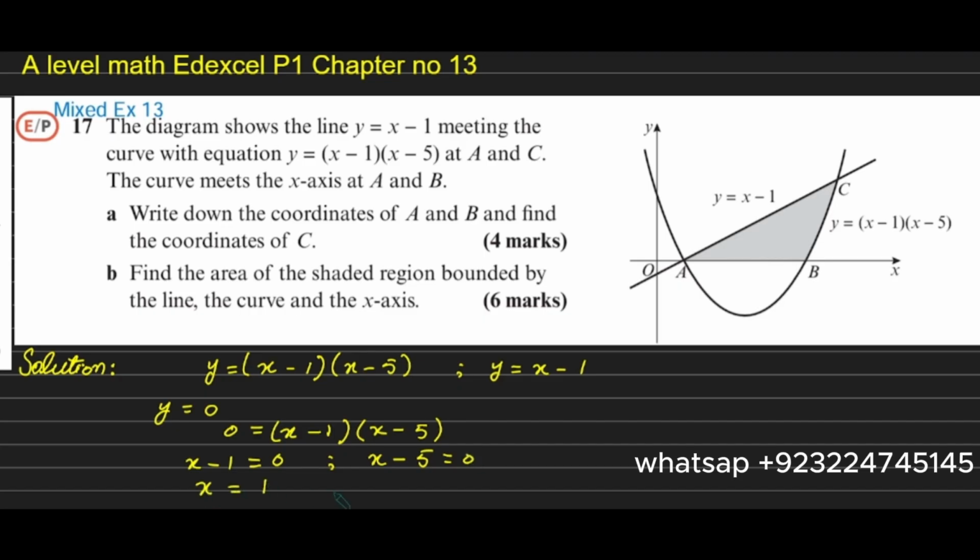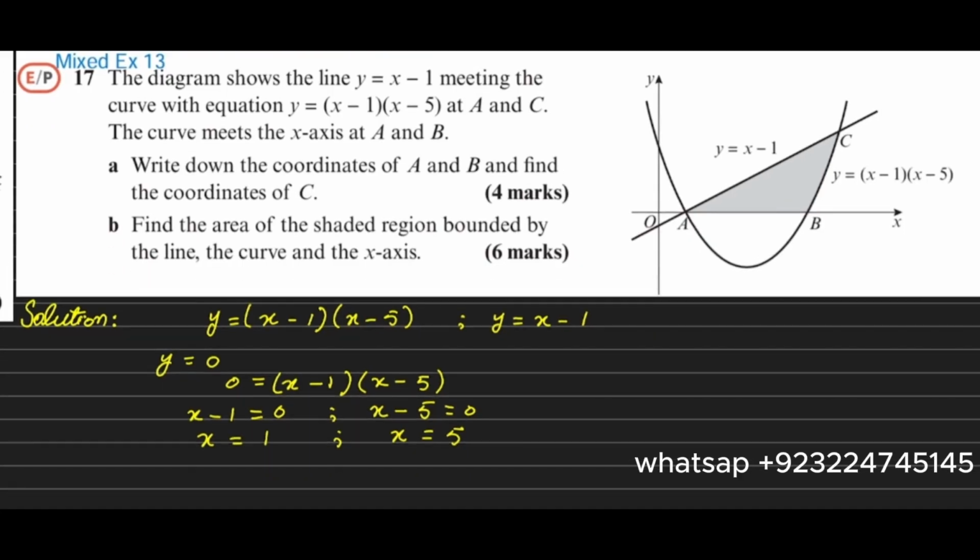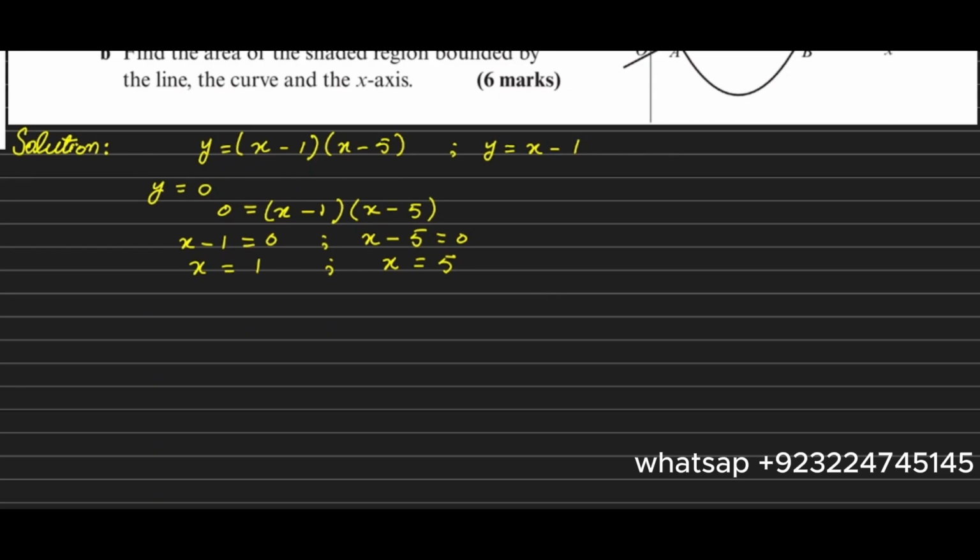The first one is 1 and the second is 5. So the value of A is x equal to 1. Now, for point A the value of x is 1 and the value of y is 0 because the point A lies on the x-axis. Similarly, the coordinate of B will be x is 5 and y is 0.